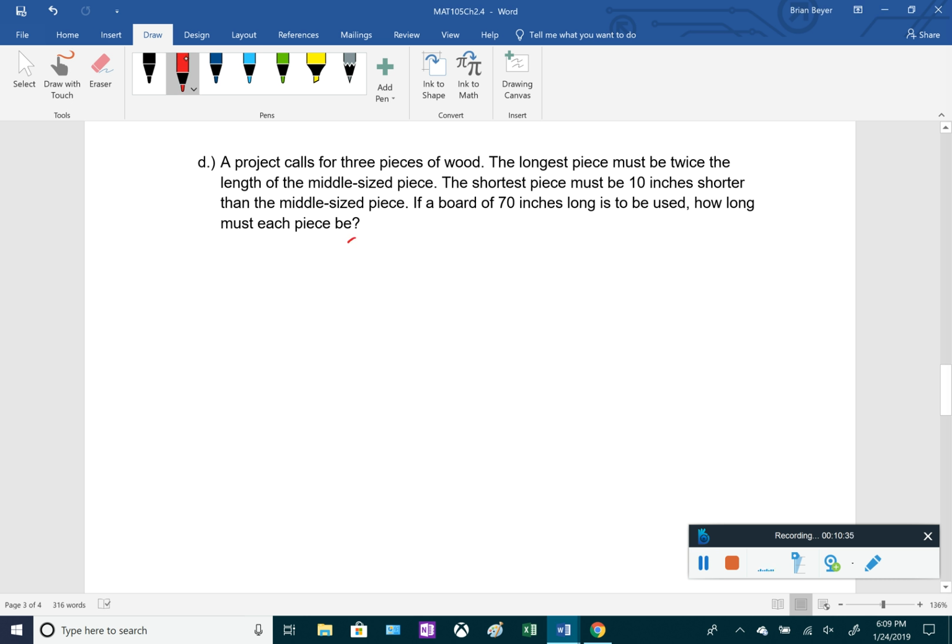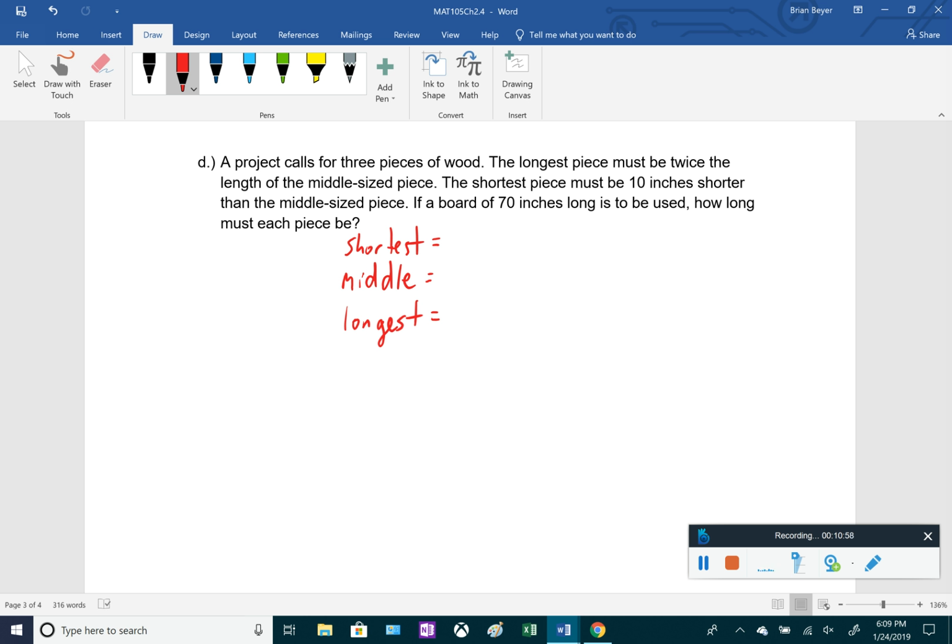We know we have 3 of them, so I'm going to set it up. So the shortest, we have the middle, and then we have the longest. So let's figure out a way we can represent these with variables. The longest is twice the length of the middle.